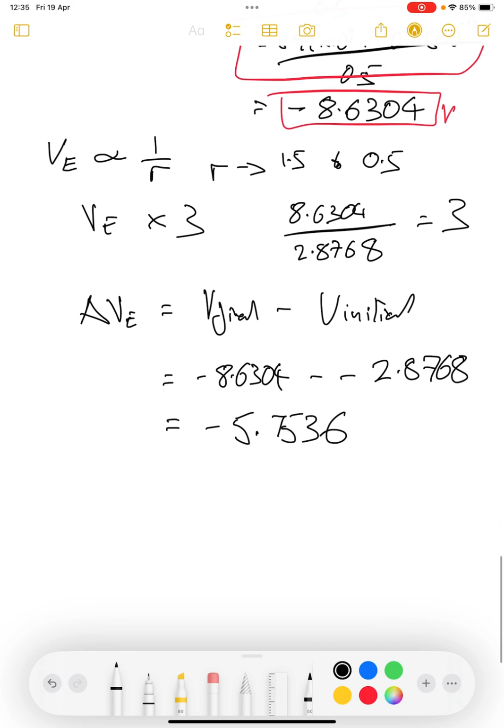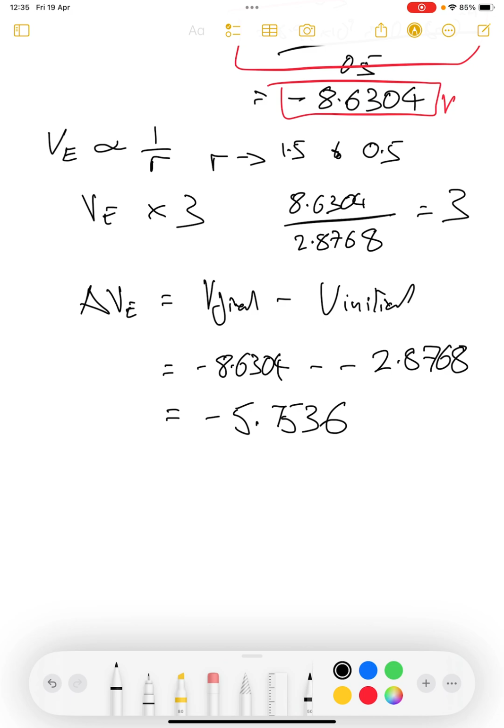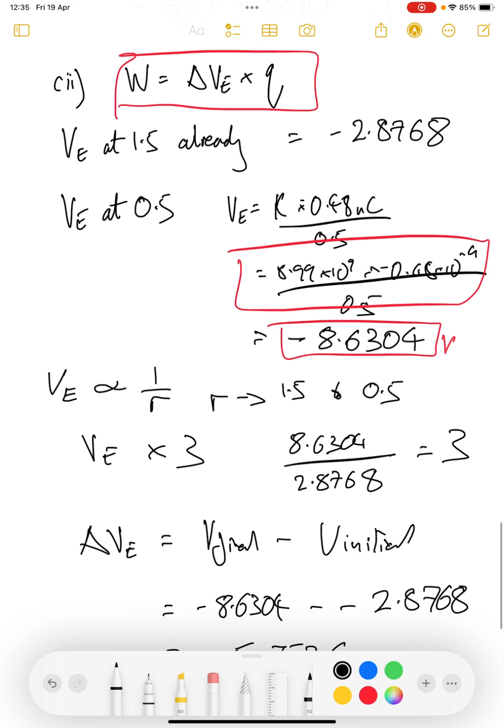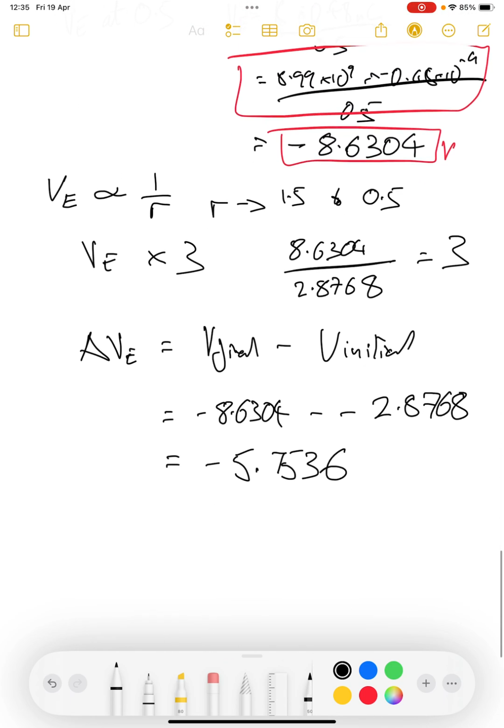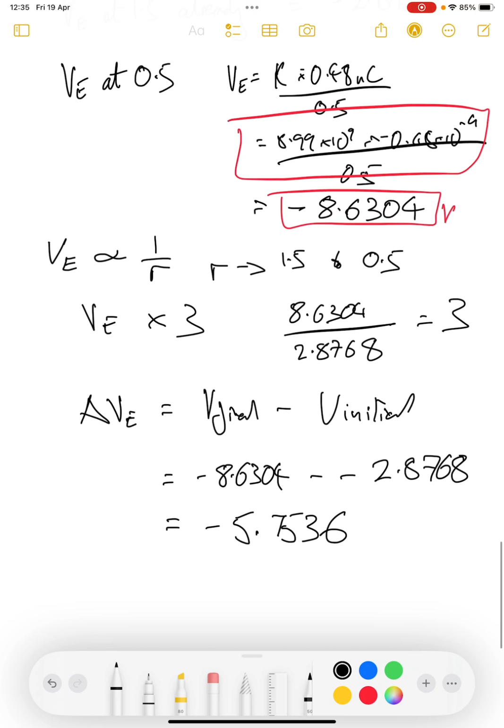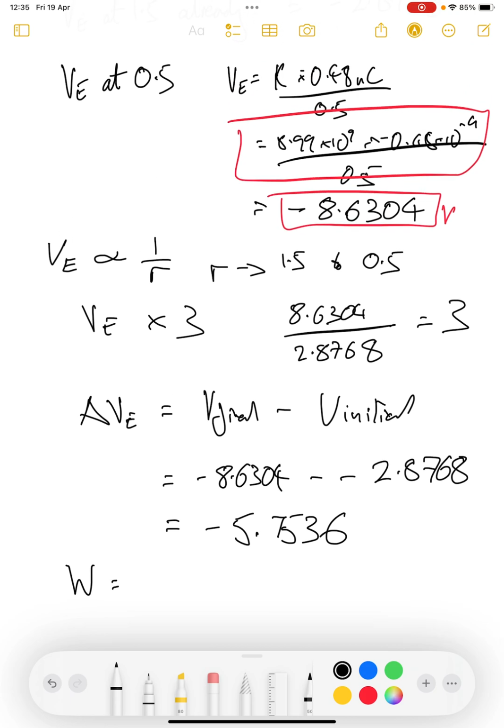So now we go in and we say that our work done is equal to minus 5.7536 times by the charge.